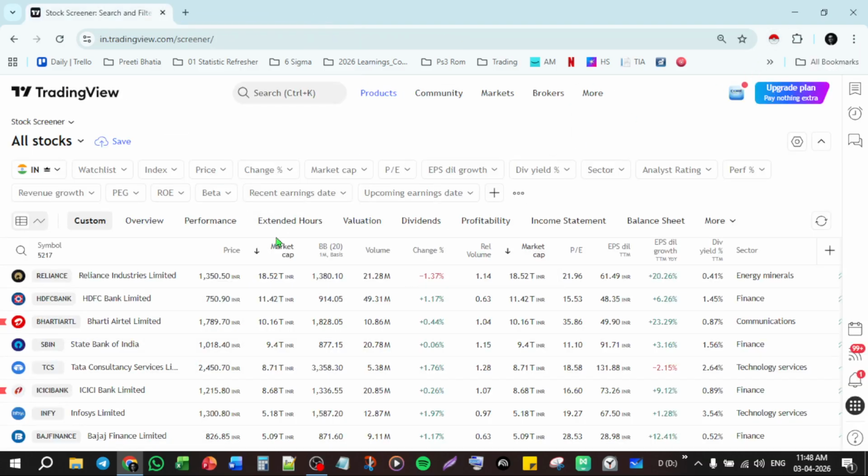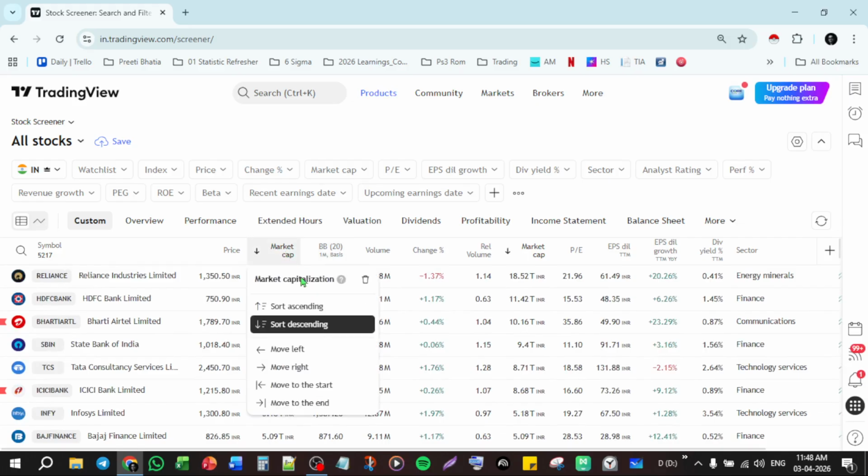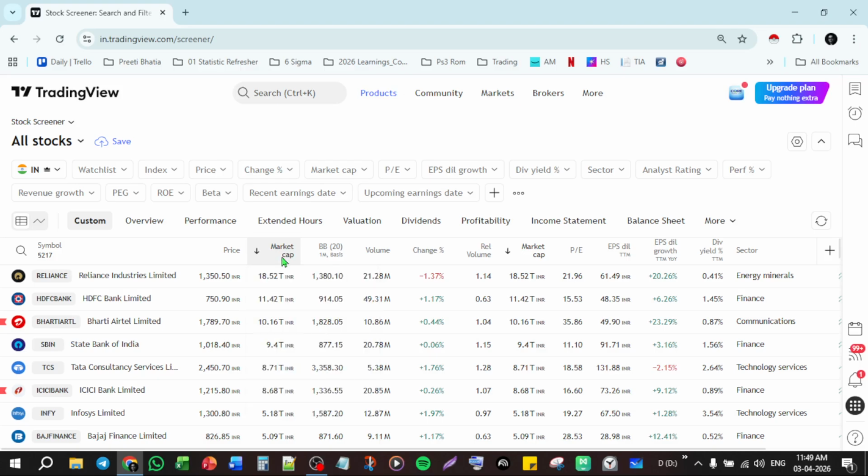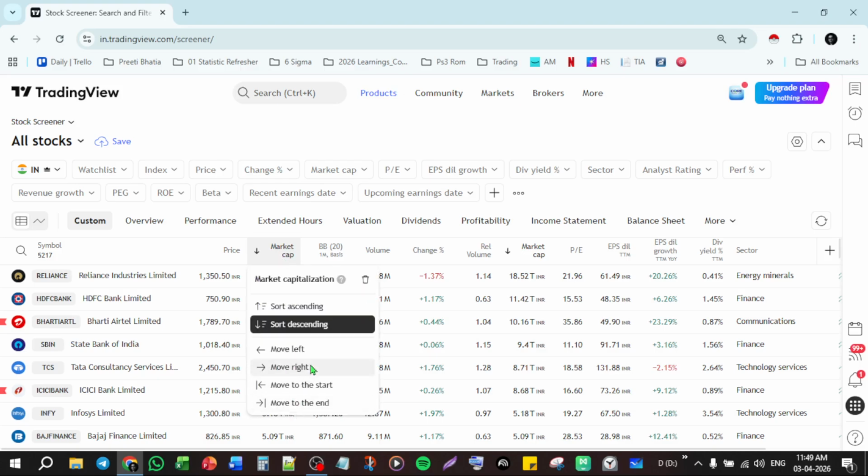Now that I have market cap based sorting done, I don't want everything, right? So I'm going to say custom. Where did custom go?